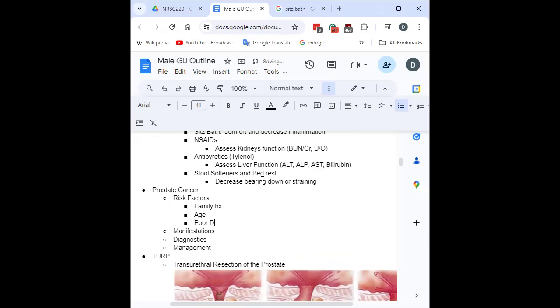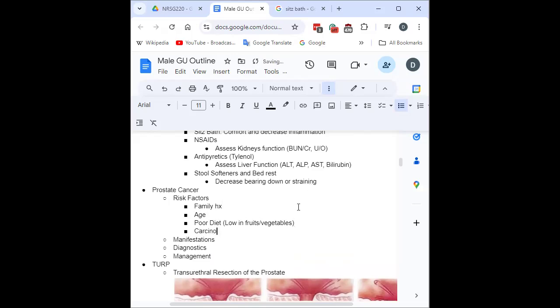Pretty much a poor diet. So they specify kind of low in fruits and vegetables. Smoking. I think I remember looking this one up, and it specified carcinogenic exposure, and that there's not that strong a link between smoking and prostate cancer, but I didn't think there were too many questions on risk factors.